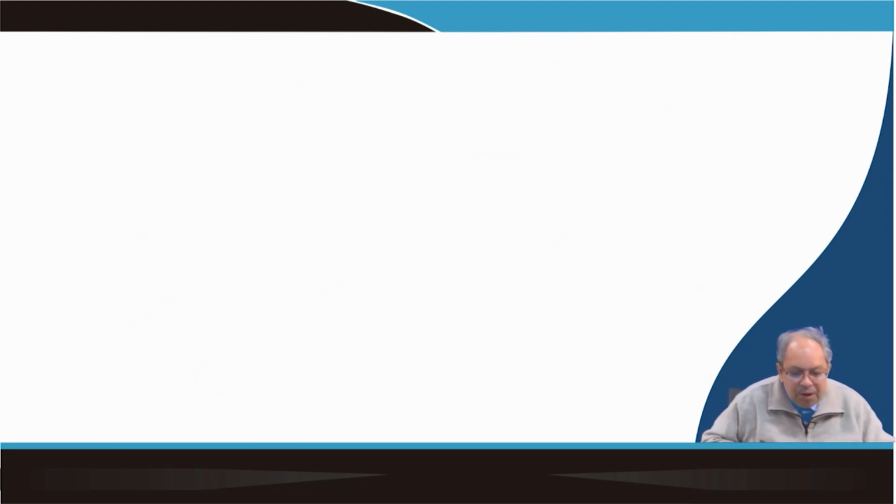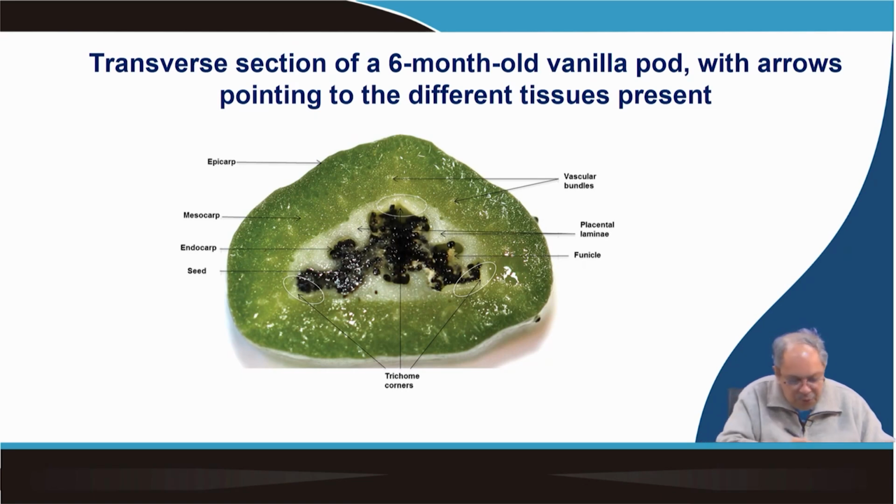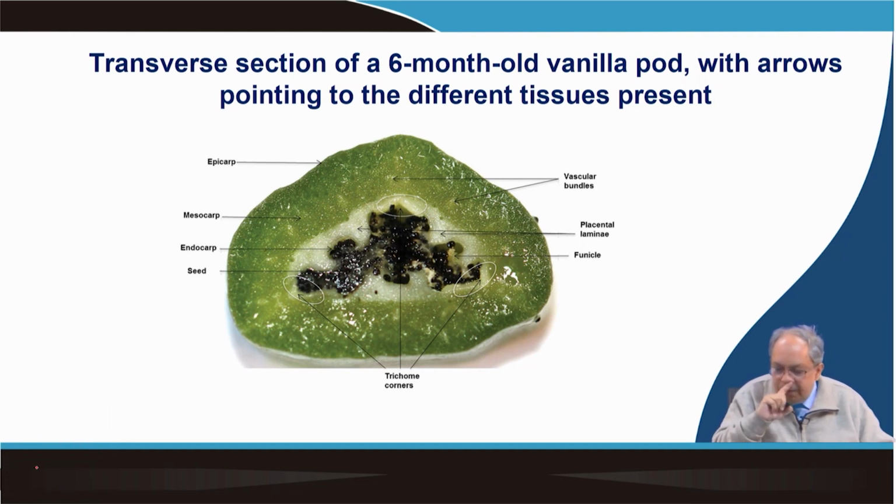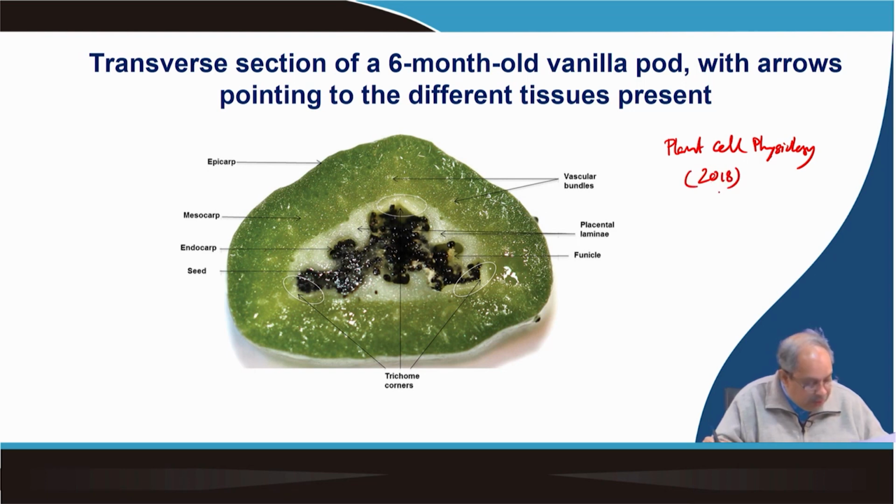Now, before I end this class, let me show you the tissue. So, this is again a paper published by this Danish group led by Birger Lindberg Moller. This paper was published in Plant Cell Physiology, again on Vanilla planifolia, and this time in 2018, volume 59, pages 304 to 318.